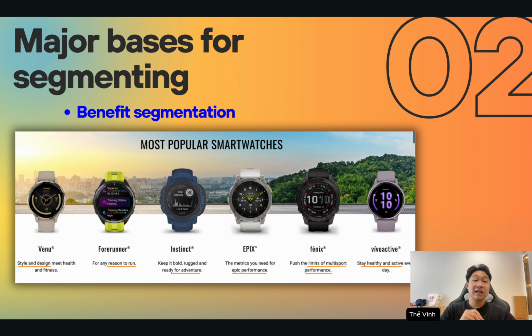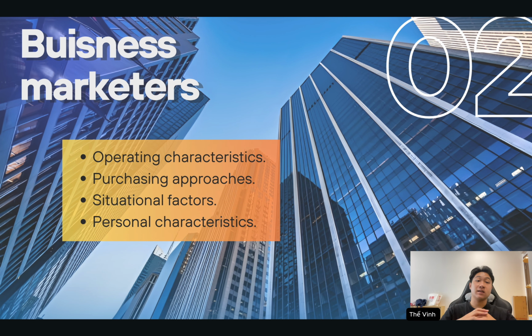Markets can also be segmented by user status, usage rate, or loyalty status. For example, whether a person is a first-time user or a loyal consumer. When it comes to business markets, companies often use similar variables, but they also consider things like industry type, company size, purchasing approach, or decision-making style.